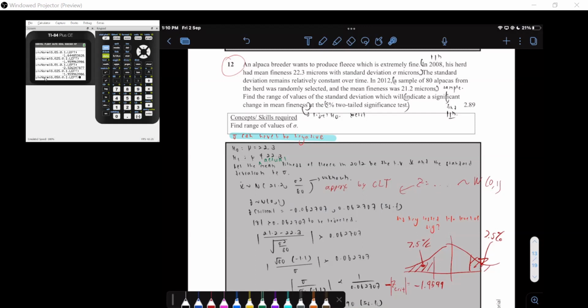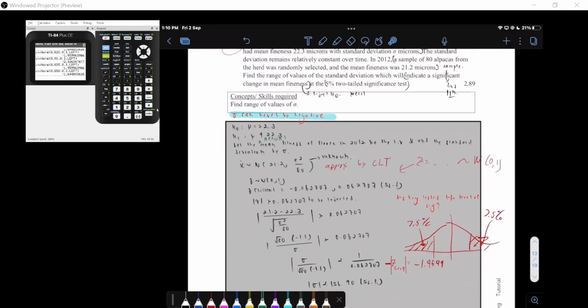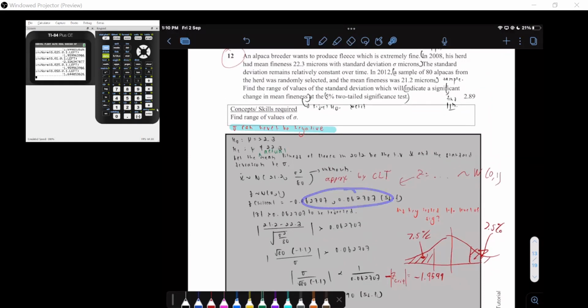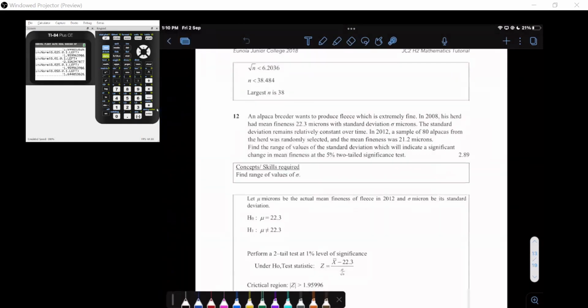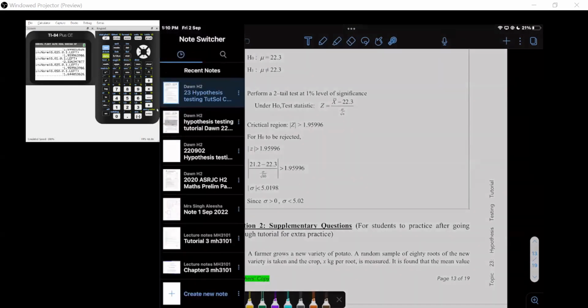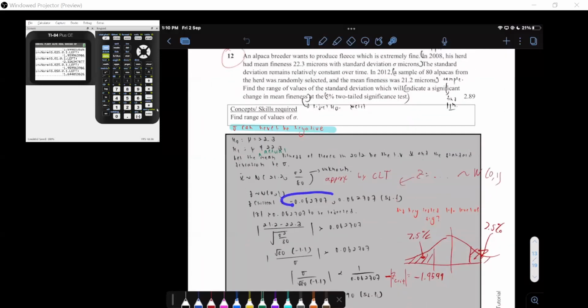I hope you understand what this means, inverse norm. Is this what you did? Also not correct. How come you got negative 0.06? That's a bit weird. I don't think it should be this guy.